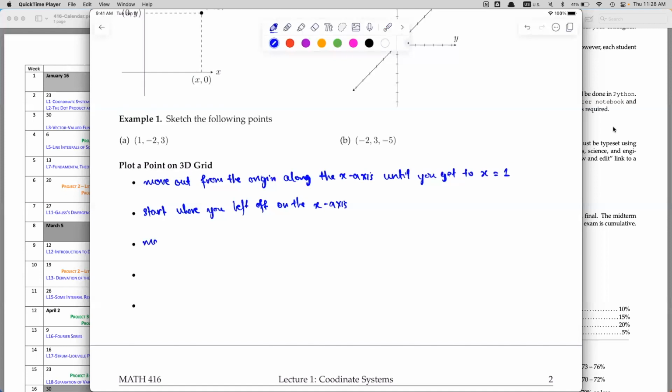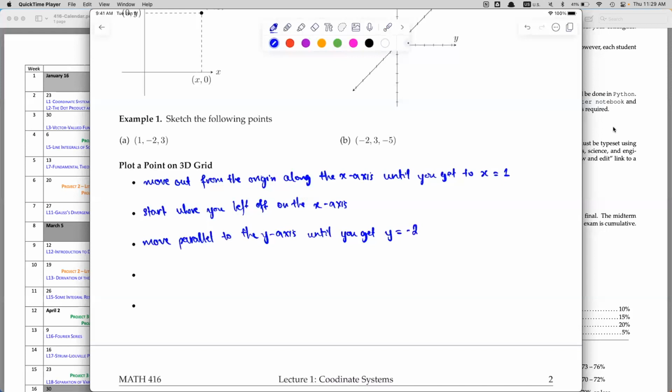And the next step is to move parallel to the y-axis until you get y equal to -2. So these two steps will give you the point 1 comma negative 2 on the xy plane.